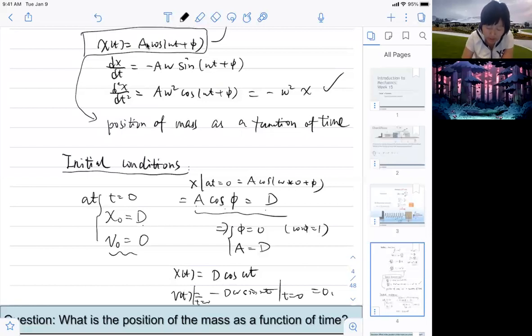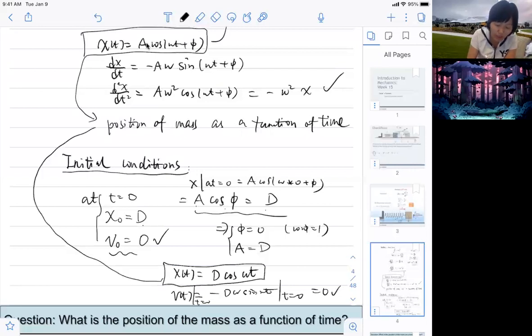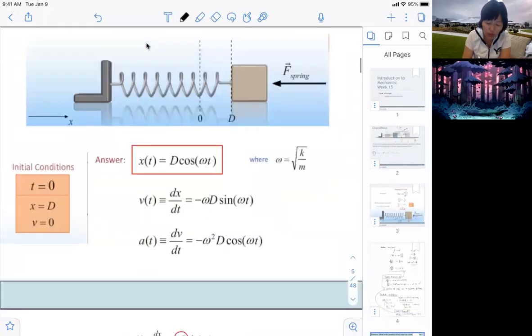So it indeed satisfies the initial conditions, and this is the correct result to describe the position of the mass as a function of time, given that you have dragged it a distance d and let go: it will just start oscillating back and forth, back and forth. So this is the result we just derived, right? Omega describes an intrinsic feature of your oscillator. Here it has to do with how strong your spring is and how much mass your mass m has.